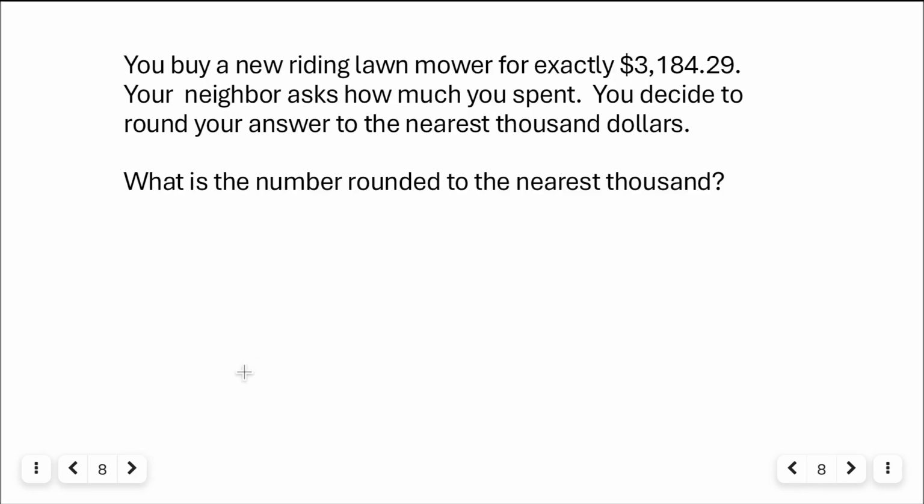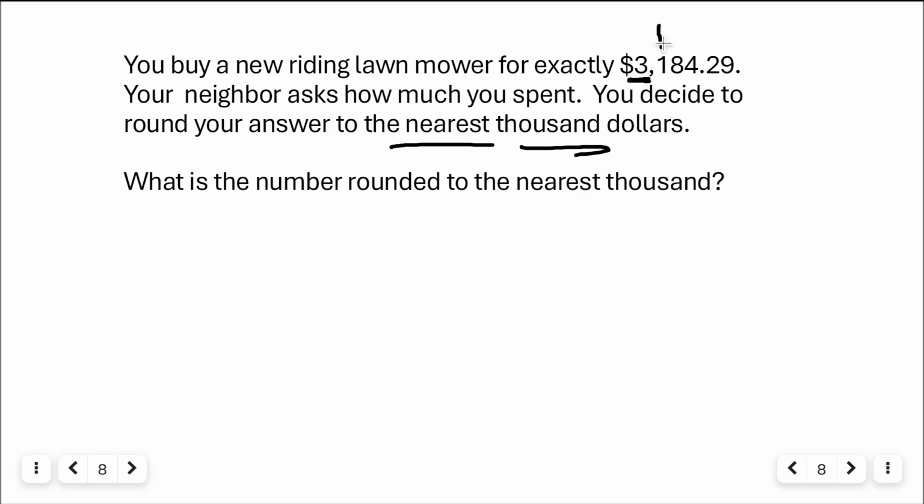All right. So you buy a new riding lawnmower for exactly $3,184.29. Certainly a possible number with tax and all that stuff added on. Your neighbor asks how much you spent, and you want to round your answer to the nearest $1,000. What is this number rounded to the nearest 1,000? So this is the thousands place. That's the place I want to round to.